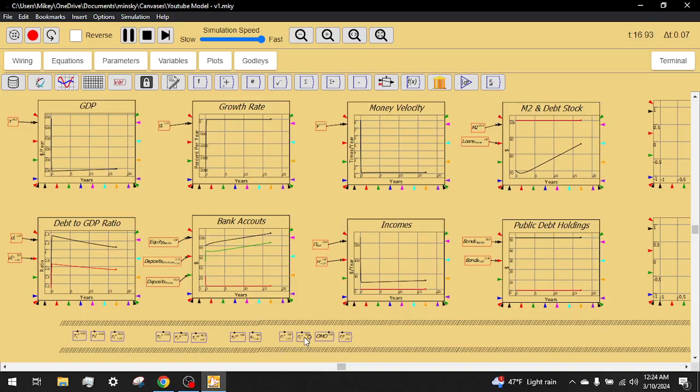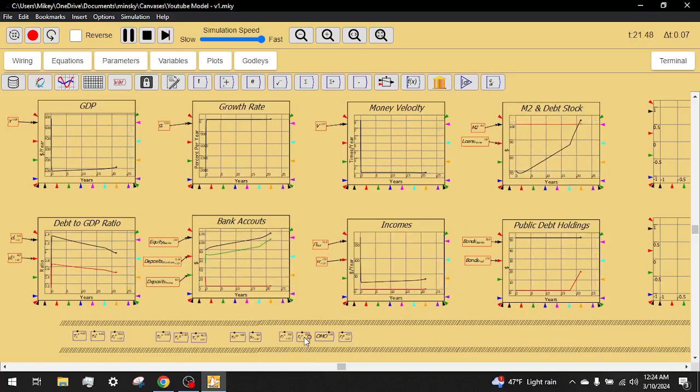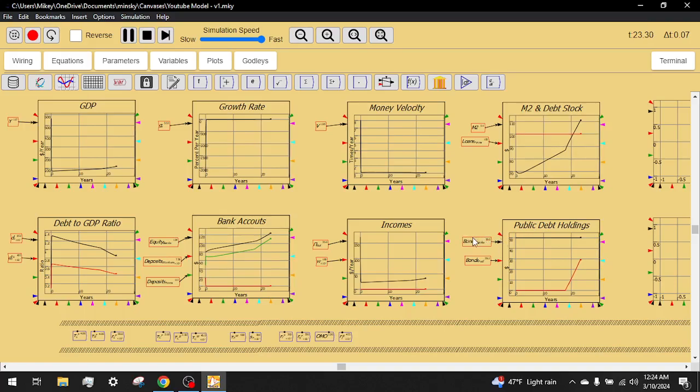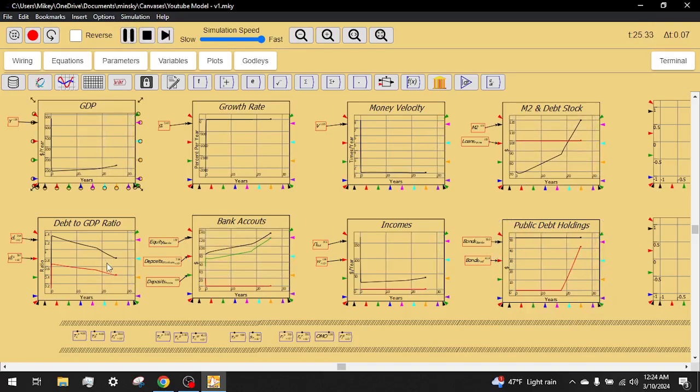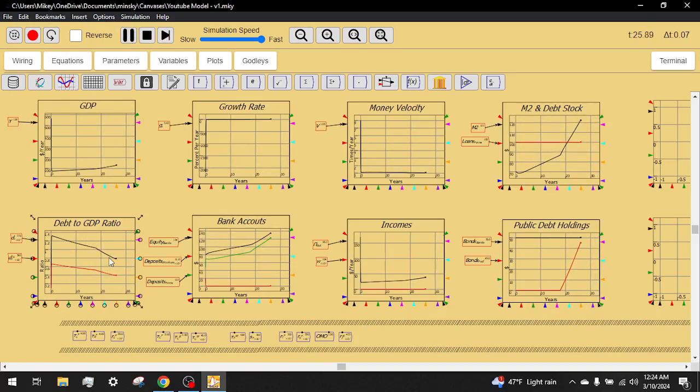Now, let's say that we run a deficit. But look at that. Because the bonds held by the banks are not increasing, since the Fed is purchasing them all as soon as the bank buys them, the public debt holdings in the private sector stay flat. And the public debt to GDP ratio starts to fall.